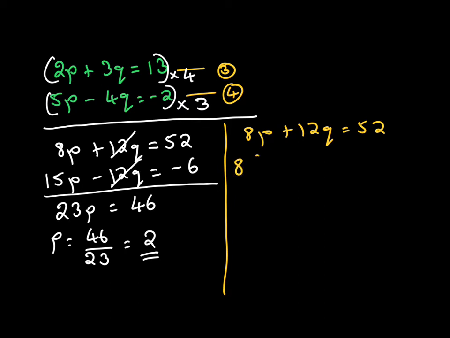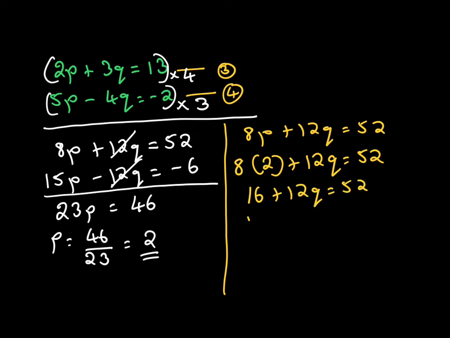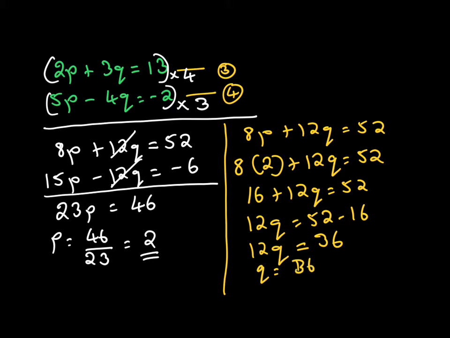So 8 times 2 plus 12q is equal to 52. 8 times 2, 16, plus 12q equal to 52. 12q is equal to 52 minus 16. 12q is equal to 36. Then q is equal to 36 over 12, which is 3.